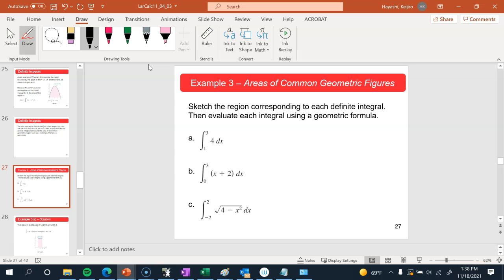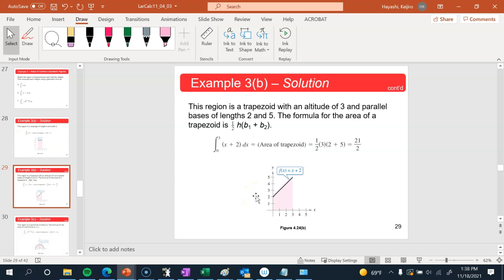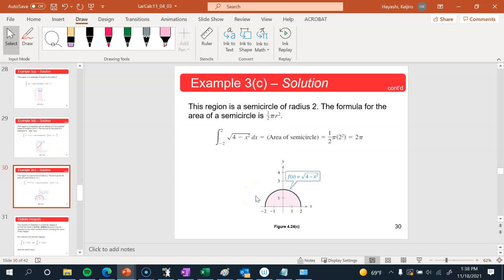All this stuff is doing is, I mean, you can look at it later if you want, but it's meant to solidify the concept of an area, because this is going to be a rectangle, and you use a formula for the area of a rectangle to find it. This is going to be a triangle, this is going to be a half circle, a rectangle, a trapezoid, and a half circle.